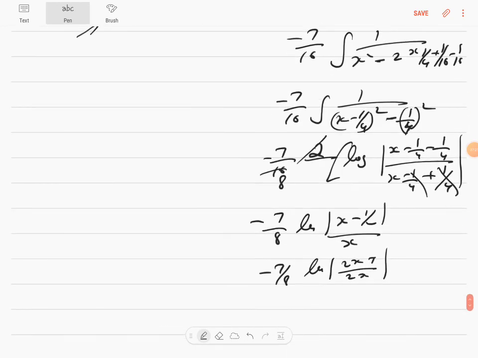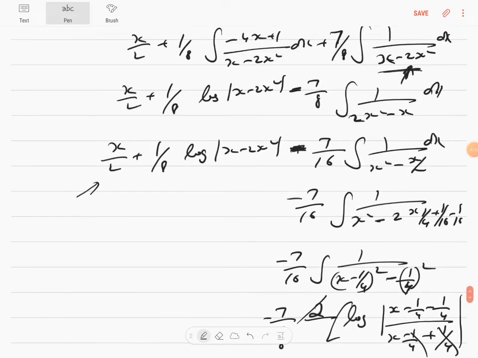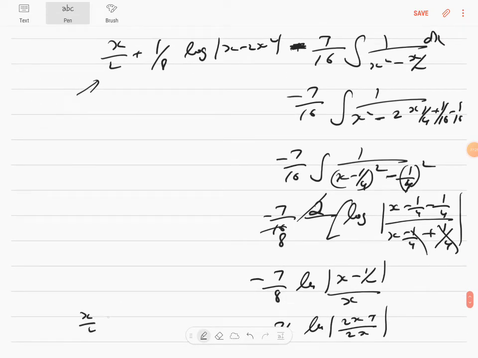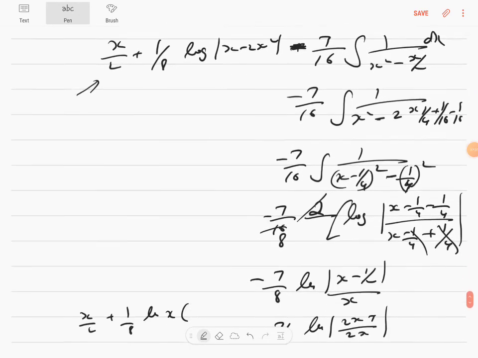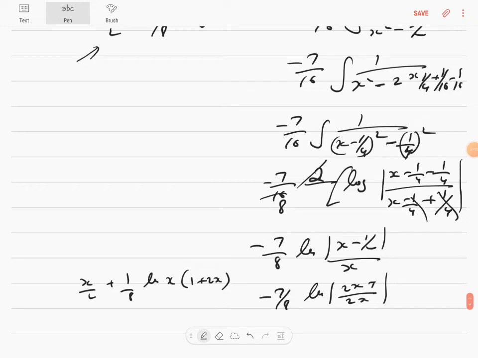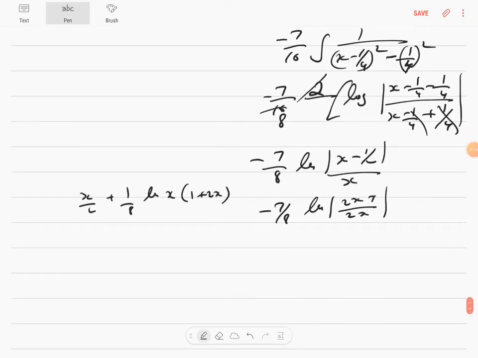Then I'm trying to figure out x by 2 is there, and a 1 by 8 into, if you take a log of x into 1 plus 2x, and so this can also be written as x by 2 into, this is logarithmic multiplication, which can be written as addition.